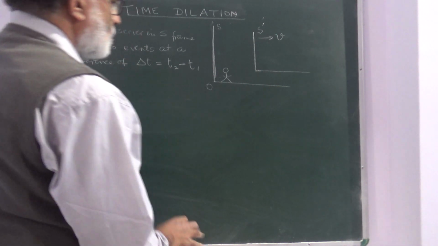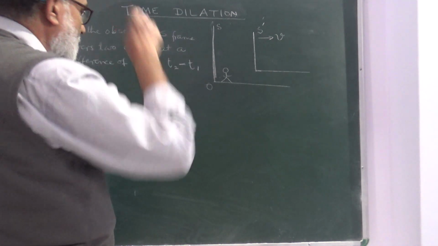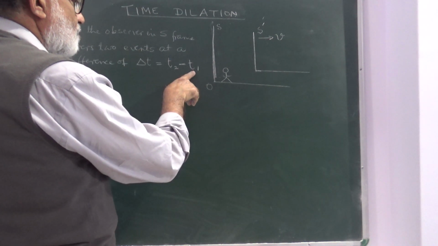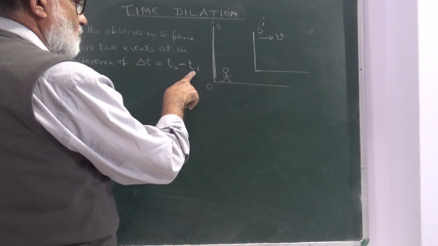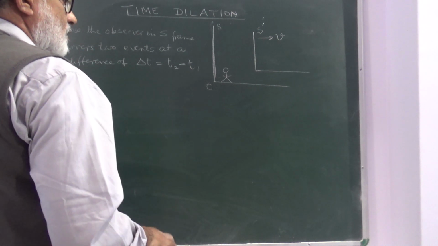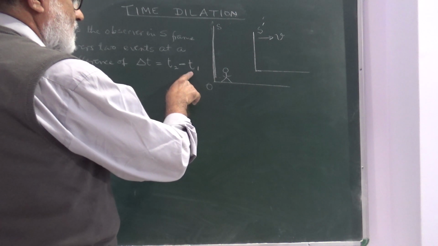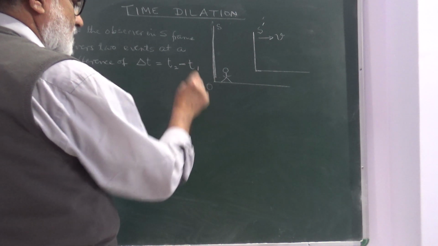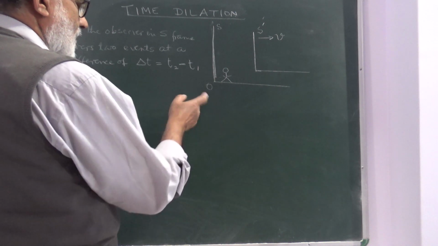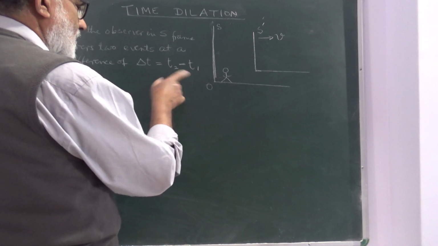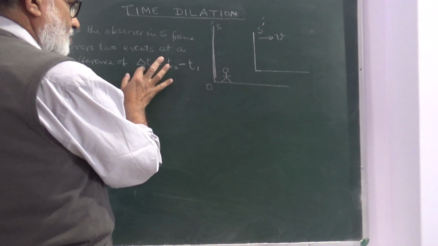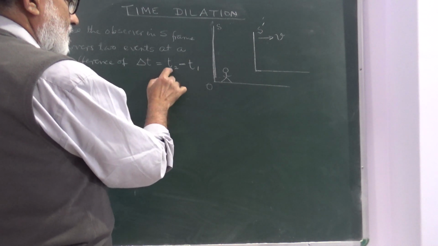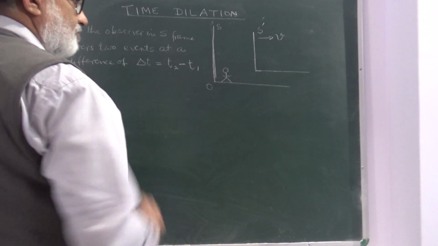He observes that one star has risen at a time t1, and the same star sets at time t2, and the time difference is recorded as t2 minus t1. The setting and rising of the star, the time difference.